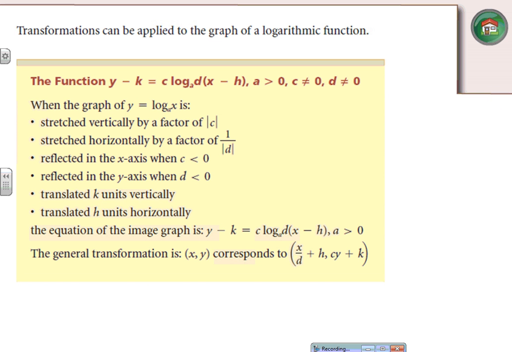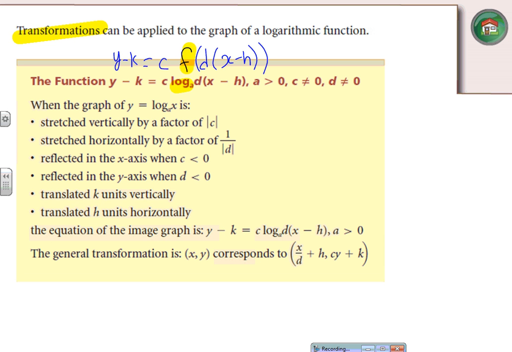And now in comes everyone's favorite. We're looking at the transformations of these functions. We're going to take the graph and move it. We've got our stretches, our reflections, and our translations to look at. Everything's the same. This is exactly the same as y minus k equals c f of d, double bracket, x minus h. The f, the function we've been dealing with, is now just log base whatever.